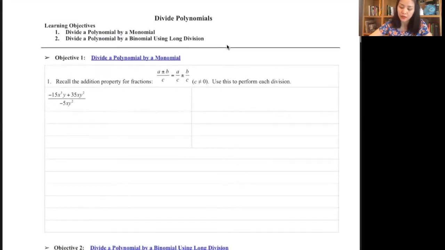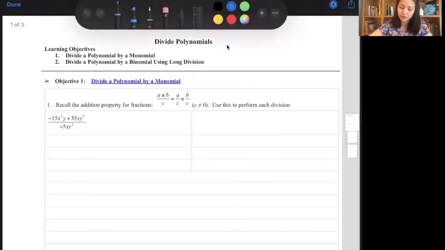So for example, if I have 5 plus 2 divided by 3, I can break it up into 5 divided by 3 plus 2 divided by 3. Okay, so apply that rule. We're going to use that to divide a polynomial by a monomial.